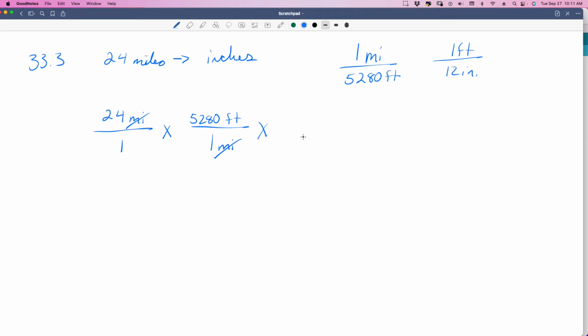Now we're going to convert feet into inches. So we need to put inches on the top and 1 foot on the bottom. That allows us to cancel out feet, and now everything is being multiplied into inches. So the answer you're probably going to type into the system is 24 times 5,280 times 12 inches.